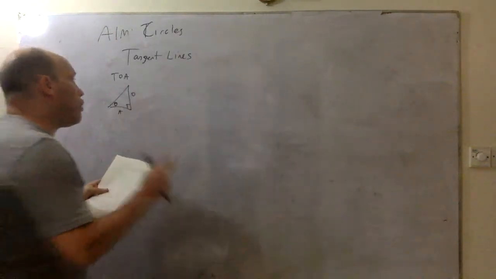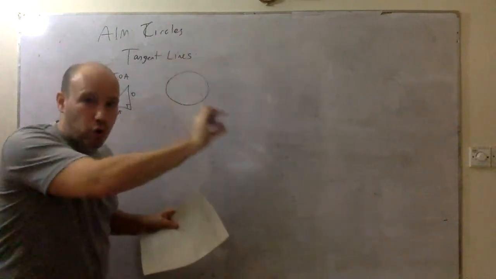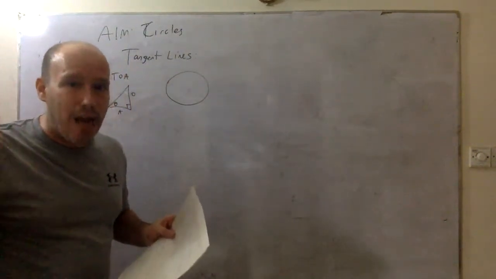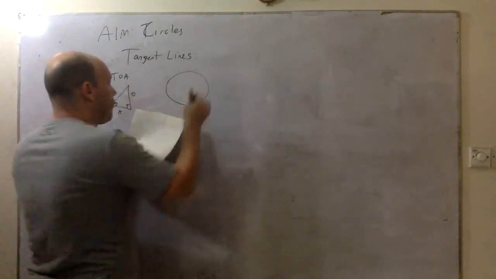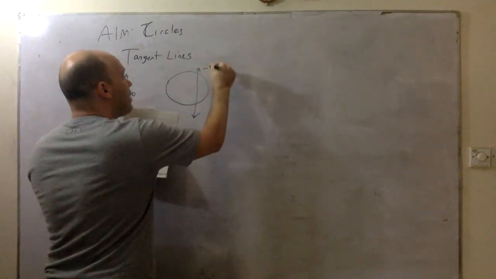So, two things. First of all, we have a circle. Every single one of these questions, we have a circle with a radius. It goes without saying, this entire unit, there's a circle with a radius. The first line, this is a line, and this is known as a secant.